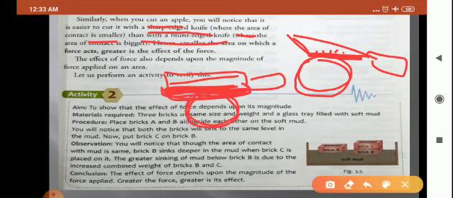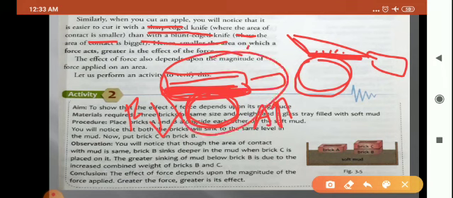So since the area of contact is getting more, the effect of force will be less. Area of contact is increasing, तो effect of the force क्या होगा, कम होगा, and you will find difficulty in cutting your fruit with the blunt knife as compared to the sharp knife. ओके तो शार्प नाइफ से फ्रूट को कट करना वेरी इजी होगा.